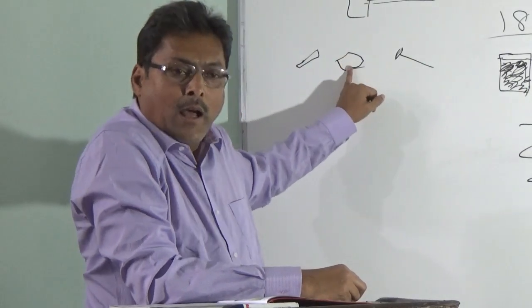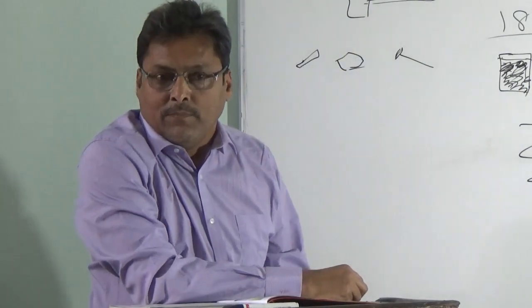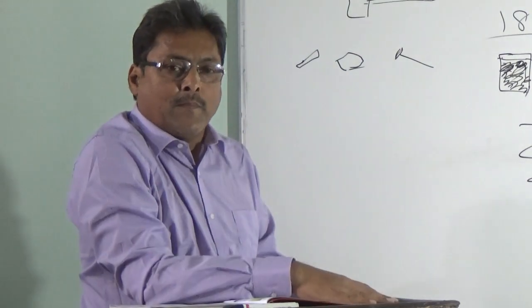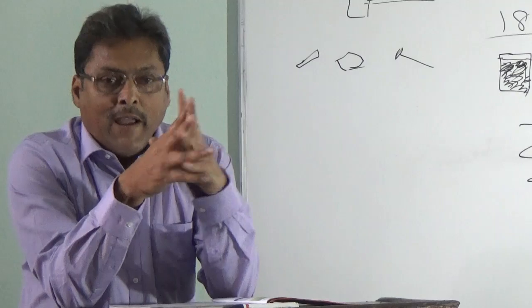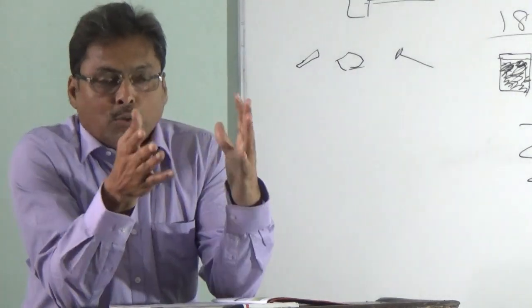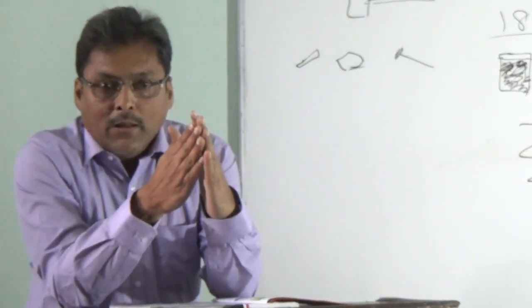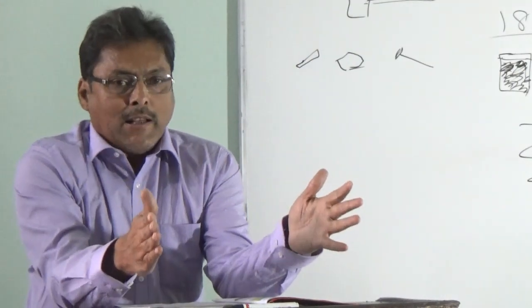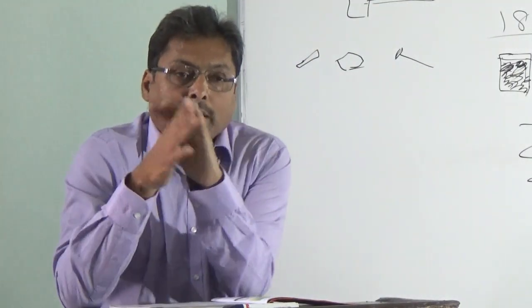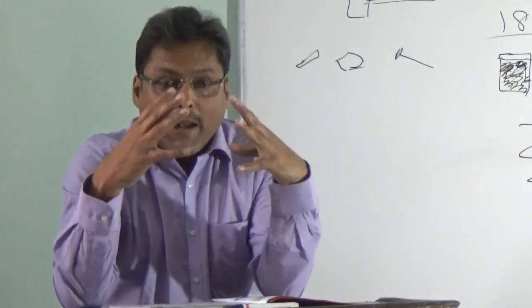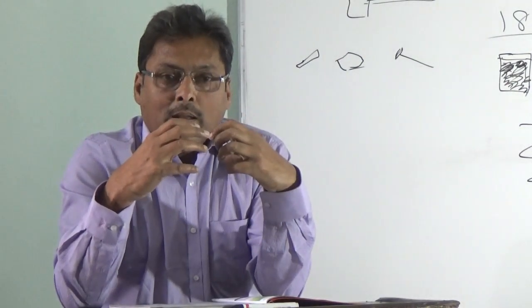So it took a little more effort to break them apart. And in the case of iron, the force of cohesion is very strong. That's why you cannot break it down into small particles by ordinary hammering. This proves that there is a force of attraction between the particles.